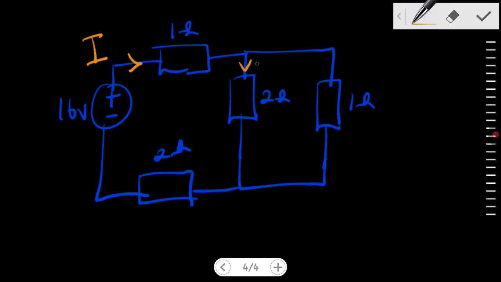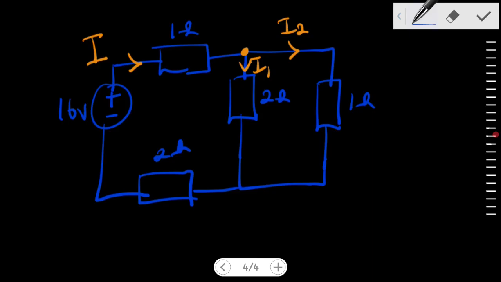We shall have I1 here and I2 here, because at this node is where current splits into I1 and I2. Now let's do the circuit analysis. The 2 resistor and the 1 resistor are in parallel connection.